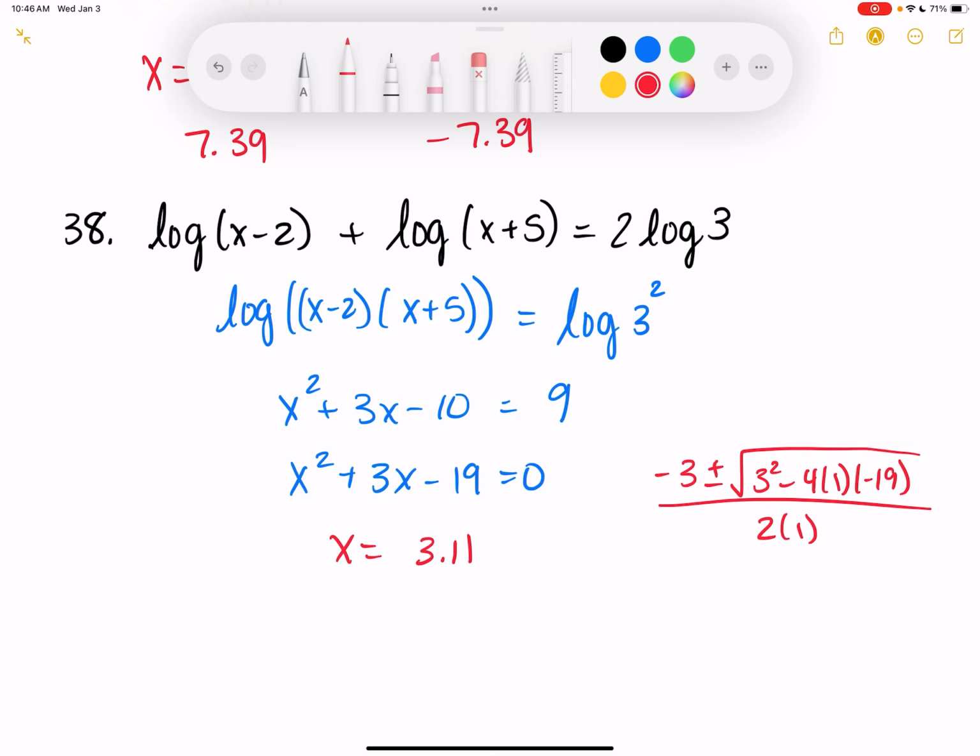That works, and I honestly don't remember if it's the positive or the negative one off the top of my head. But only one of them is going to work because you cannot have a negative inside of a log. So if I plug this number back in, everything's positive inside.